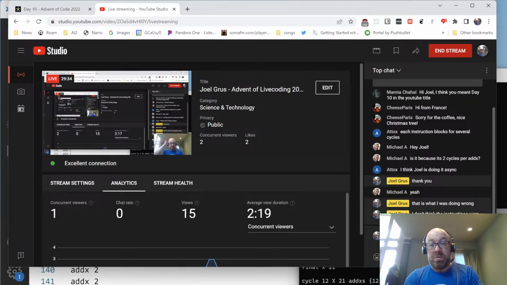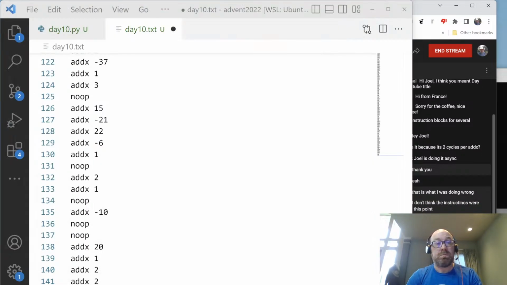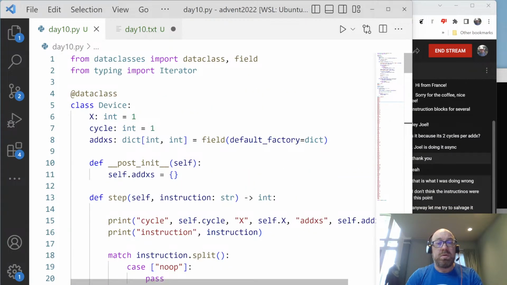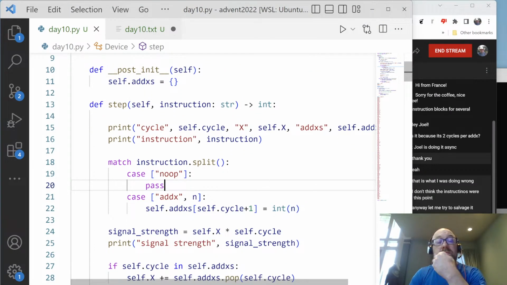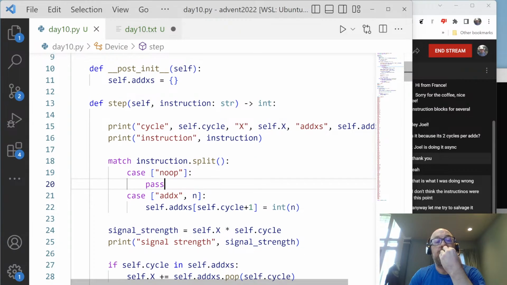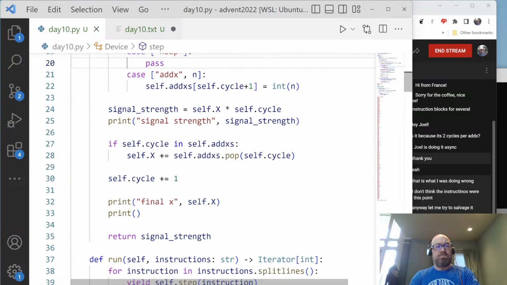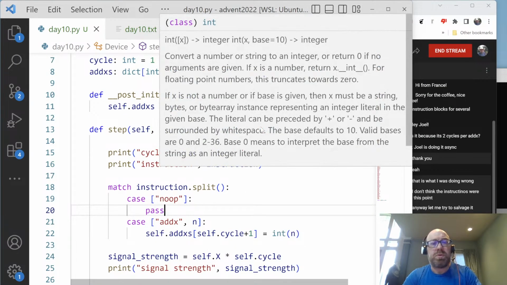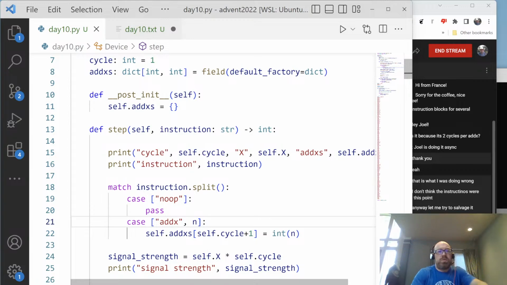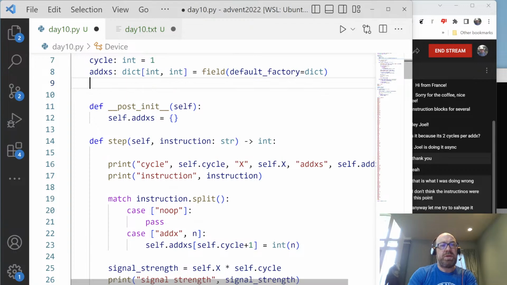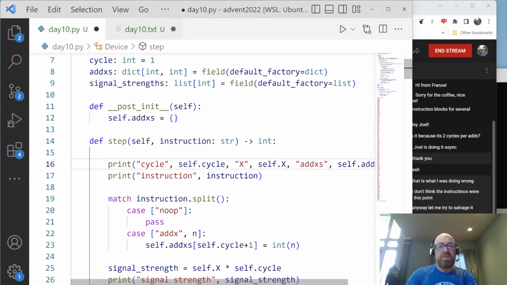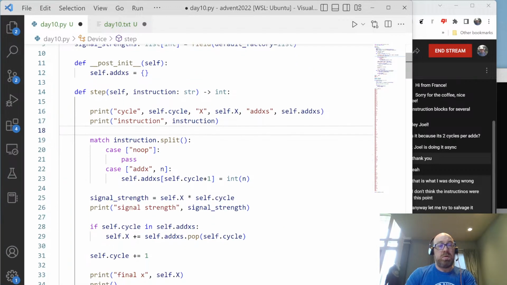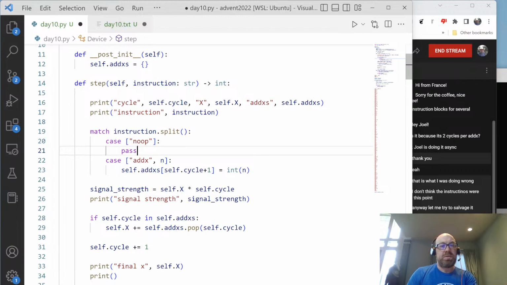Let me try to solve it. Okay, so let me do a couple things and say signal, I'm just going to store them here. Okay, good. Case no op pass.